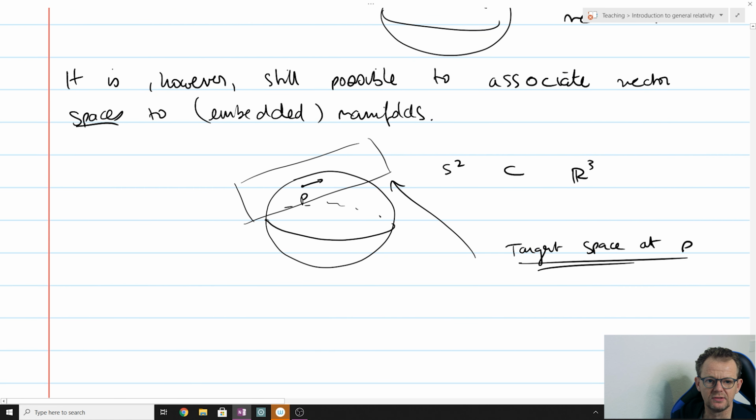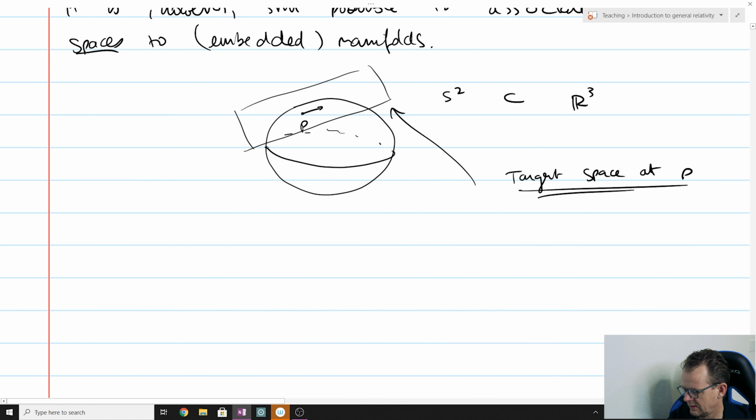So that works, but this is a bit clumsy because I told you we don't want to do things with embedded manifolds, we want to do everything intrinsically. We don't want to make reference to this embedding space. It looks like it may even in fact depend on how you embed your manifold into R3. So we have a problem with this idea of associating to each point in a manifold a vector space.